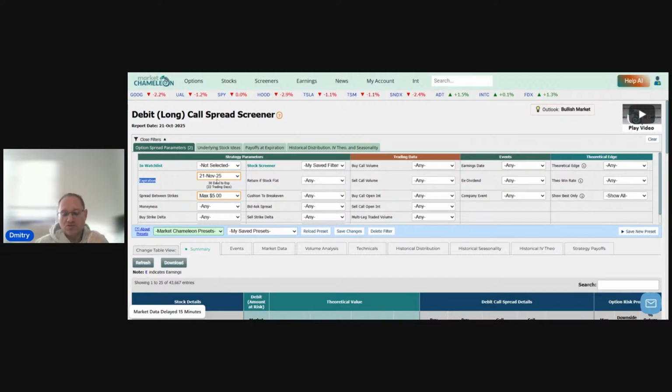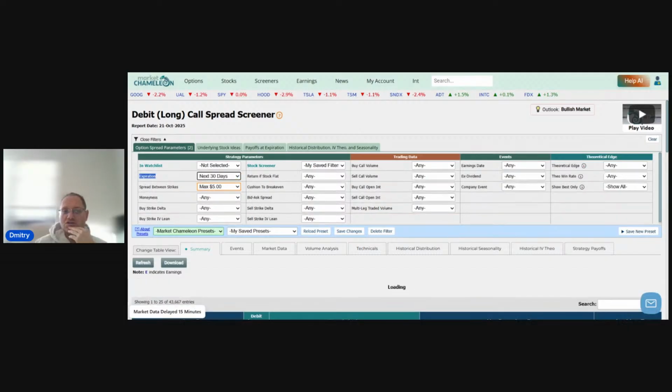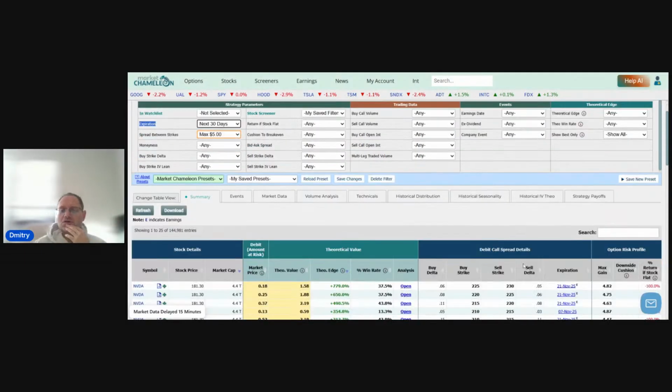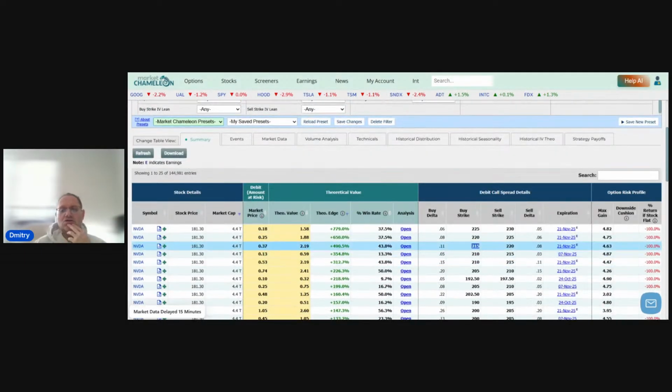What I'm going to do is expand the expirations. It's defaulted to the first nearest monthly, but let's look at expirations that expire within the next 30 days. When we do that, it brings back different expirations that expire within the next 30 days and different combinations of strikes.